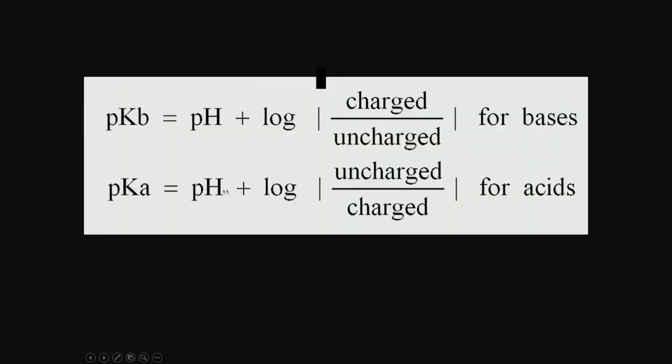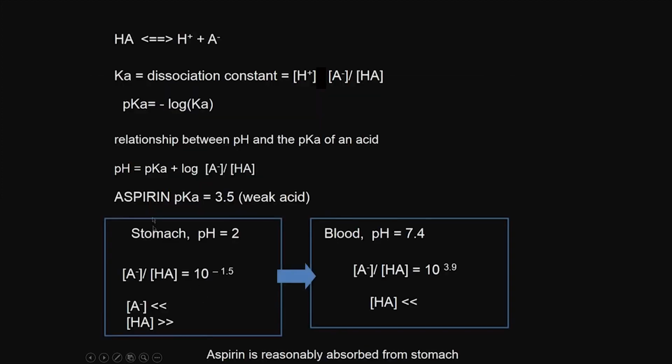So, pKa is pH plus log of uncharged by charged for acids, whereas pKb is equal to pH plus log of charged by uncharged for bases. So, we used this formula here, with pH 2.